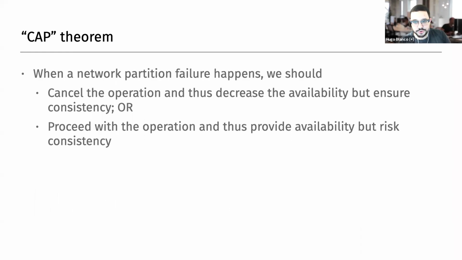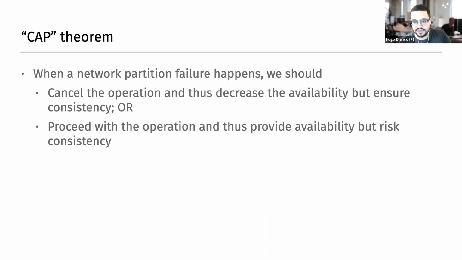So when a network partition failure happens, when you have to be tolerant to failures, we have to choose consistency over availability, or availability over consistency. So we have to cancel the operation and thus decrease the availability, but ensure consistency. So how does that work?